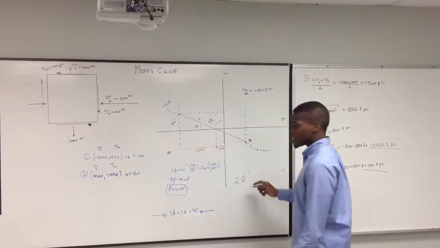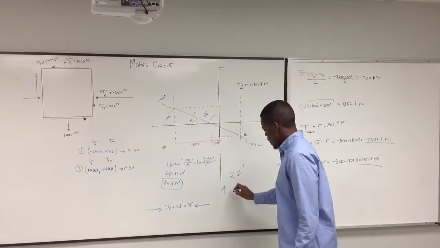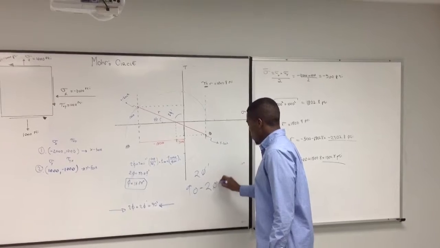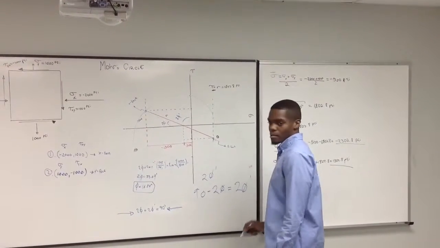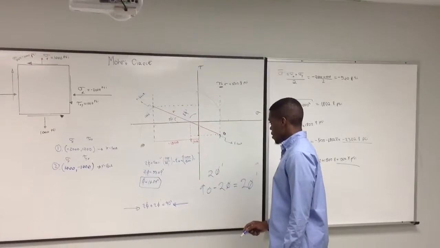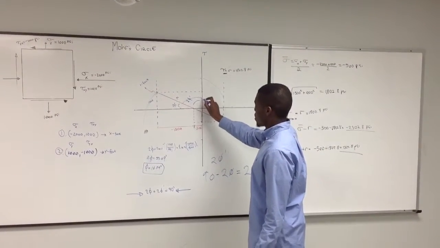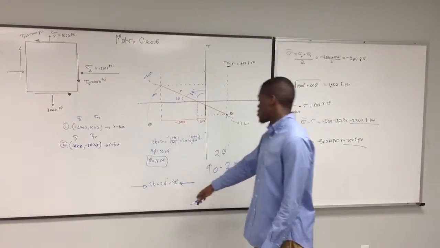So if you have 90 minus 2 phi, you would be given 2 phi prime. Then you can find the location of shear max, which would be right here. Therefore, 2 phi plus 2 phi prime equals 90 degrees.